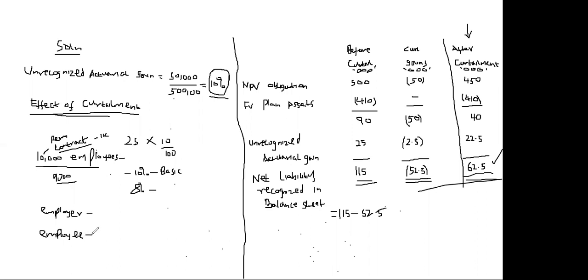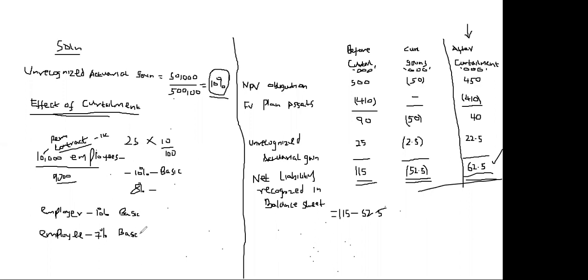So for example, you may find that an employer agrees to be contributing maybe 10% of the basic salary of each employee to the scheme, and then the employee may contribute 7% again of their basic salary towards the scheme.